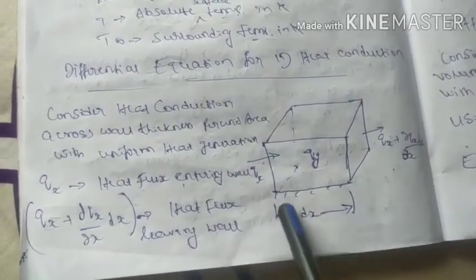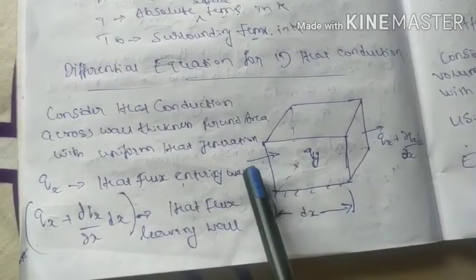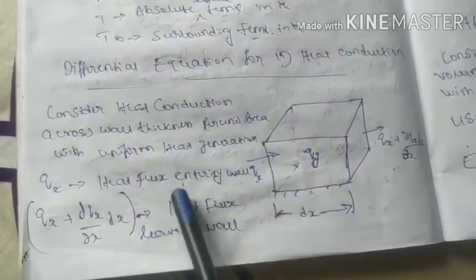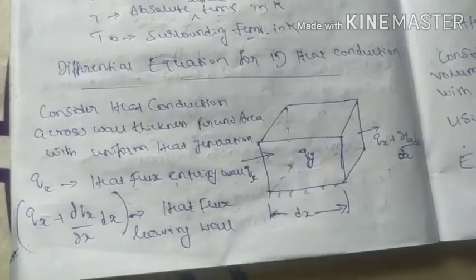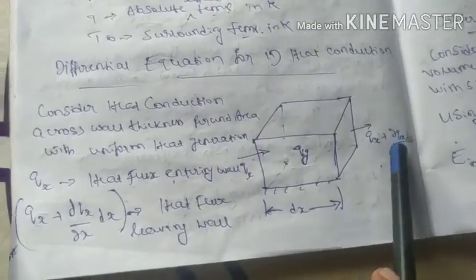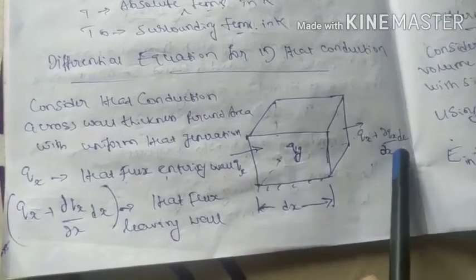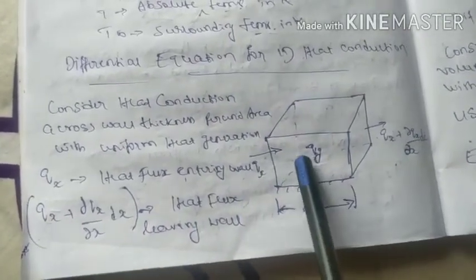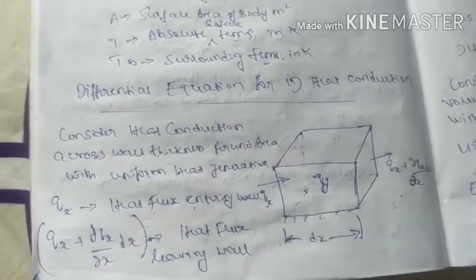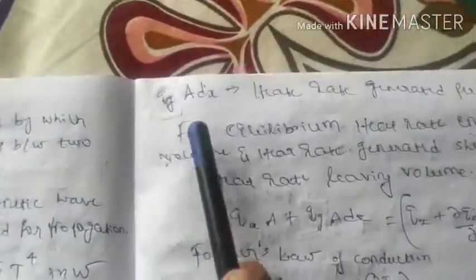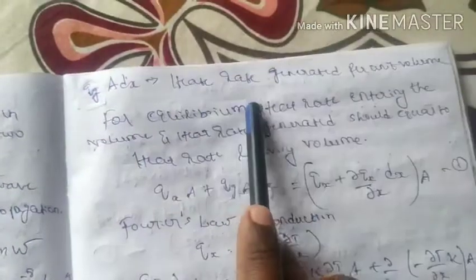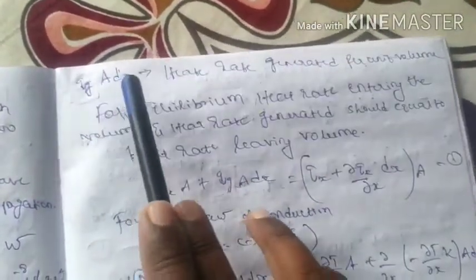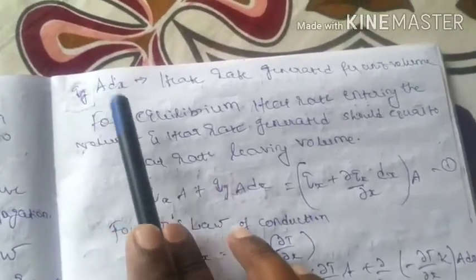So this cube has a length of dx. Let's consider qx as the heat flux entering the system, and qx plus dou qx by dou x into dx is the heat flux leaving the system. And also there is a qg. So qg into A into dx is the heat rate generated per unit volume. How much heat is going to be generated in every unit of volume of the body.